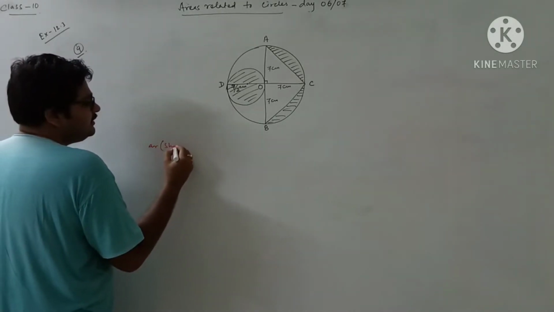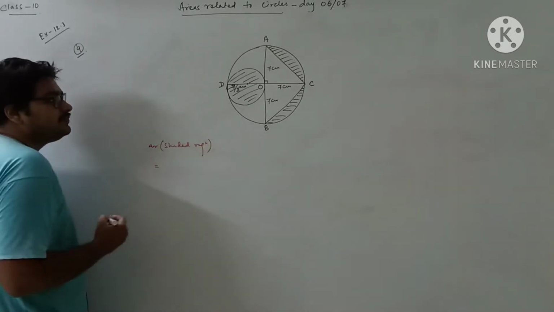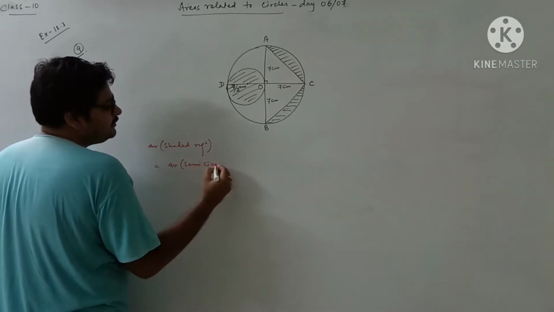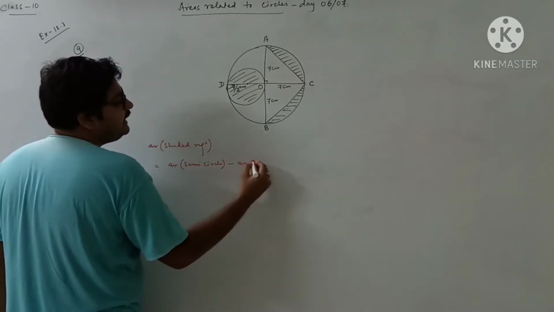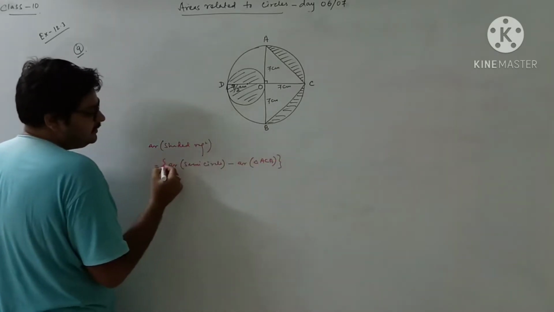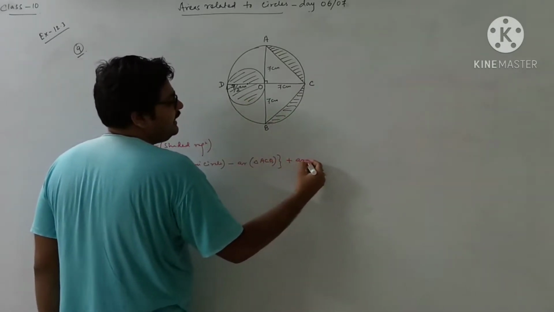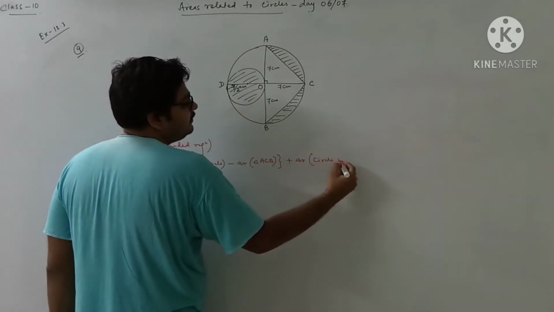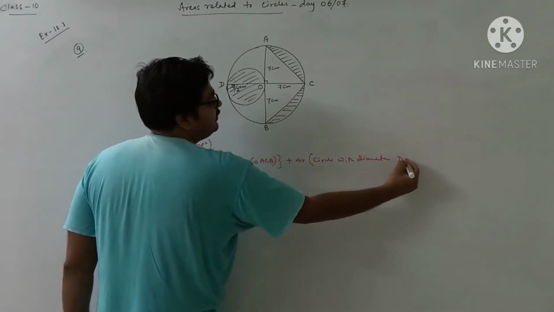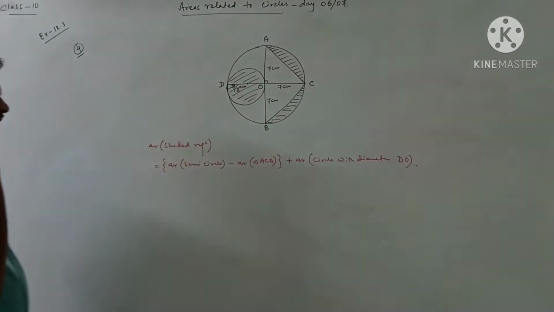Area of the shaded region equals area of semicircle minus area of triangle ACB, this is for this shaded region, plus area of the circle with diameter DO.